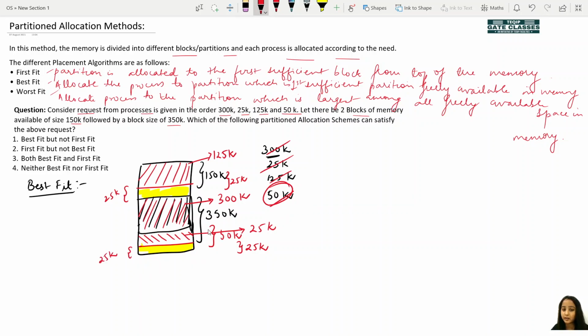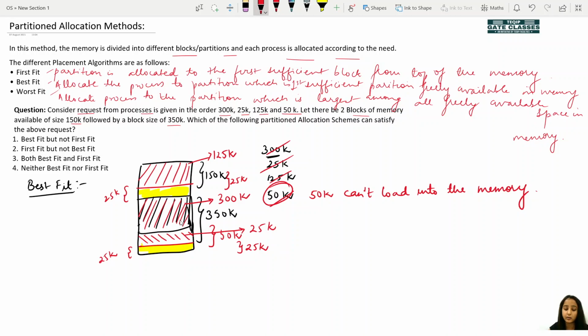But I can't accommodate it here because the space is not available in a contiguous manner. So 50K will not be able to load in the memory.